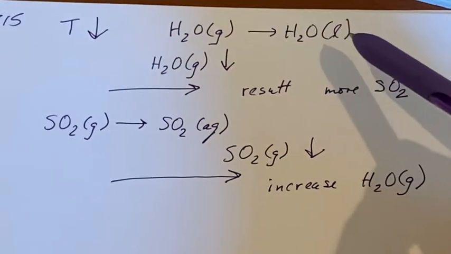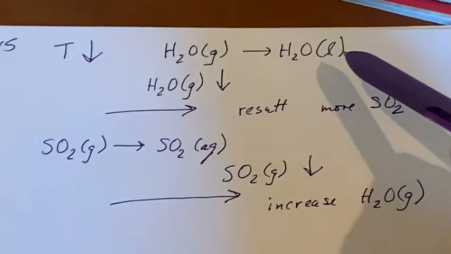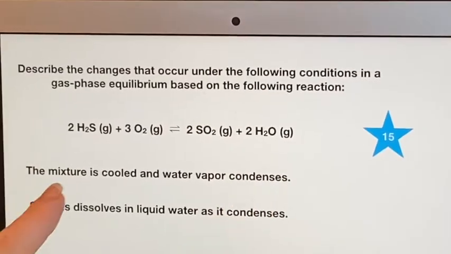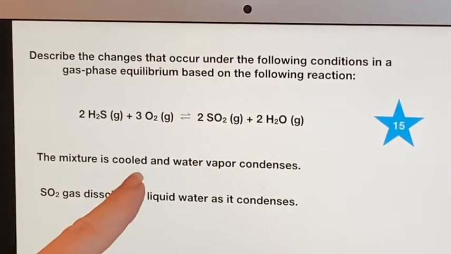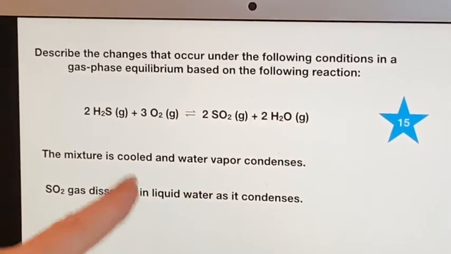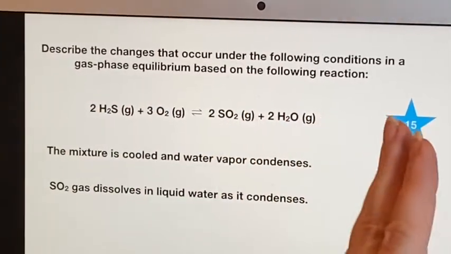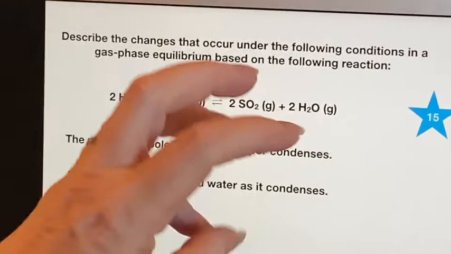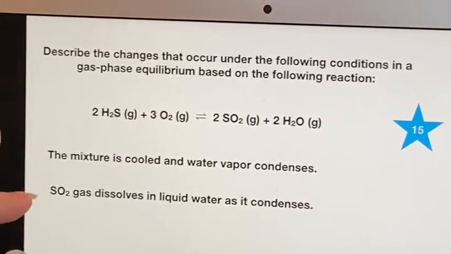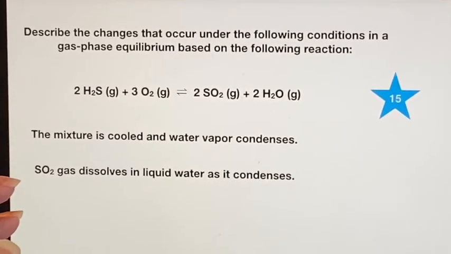We've managed to convince this, without adding anything more, to create more of these by messing with the conditions. We cooled it, and then this dissolved, and both of those made it shift more to the right. These are the type of clever manipulations that a chemical engineer will do to make things more efficient.